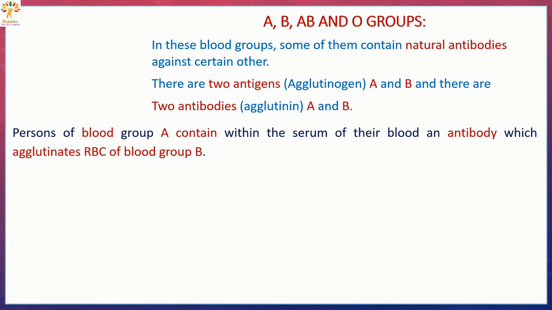Persons of blood group A contain within the serum of their blood an antibody which agglutinates RBCs of blood group B, and vice versa.